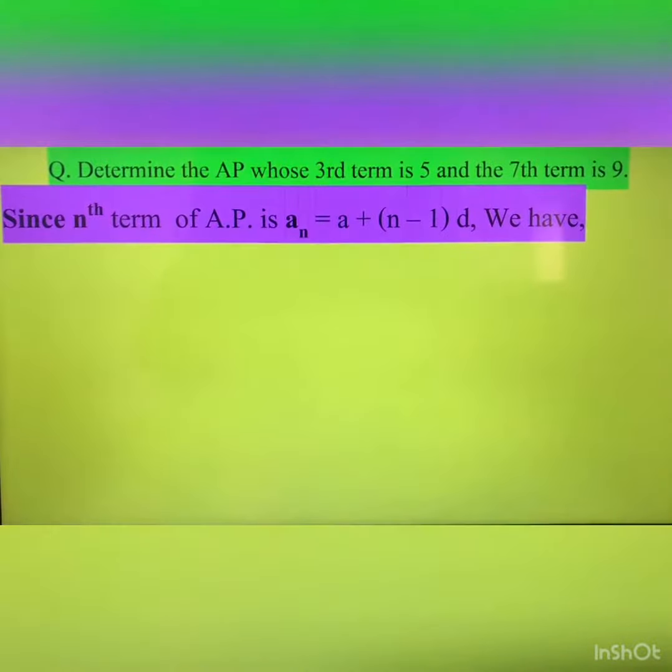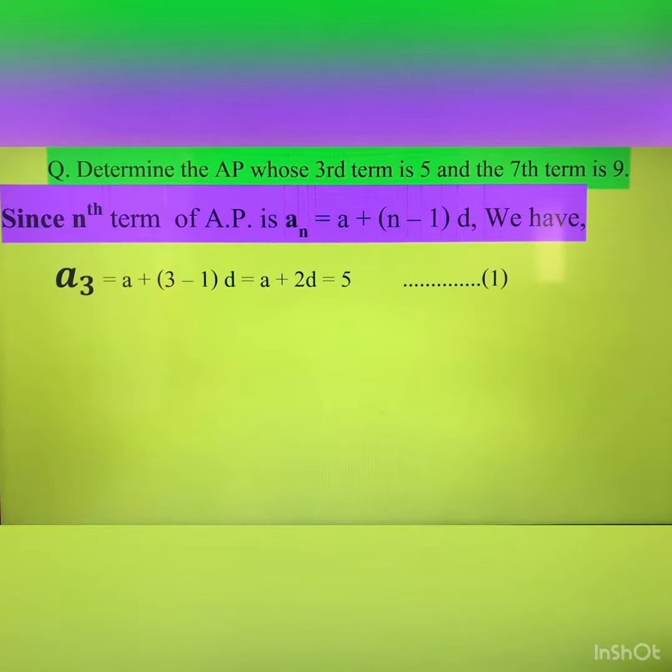Since the nth term of an AP is a_n equal to A plus (n minus 1) into D, therefore we will get a_3, given that the third term is 5, and a_3 is defined by A plus (3 minus 1) into D, where A is the first term of the AP and D is the common difference. On simplifying it, we will get A plus 2D equal to 5. So this is equation number 1.